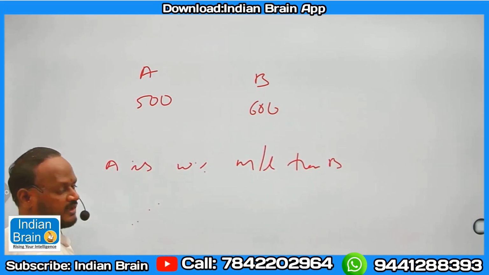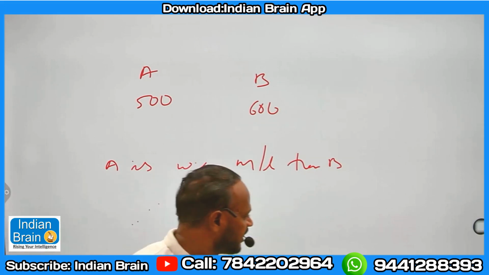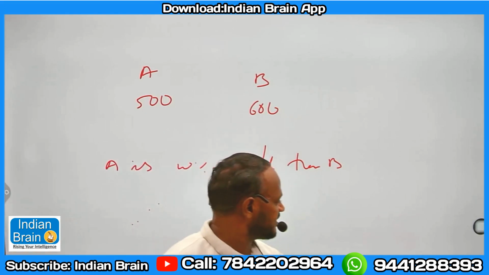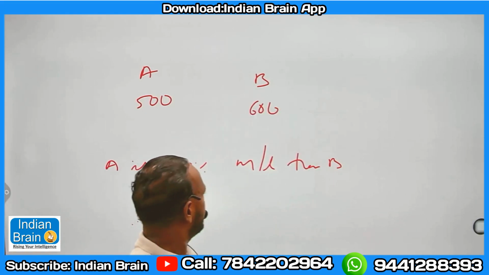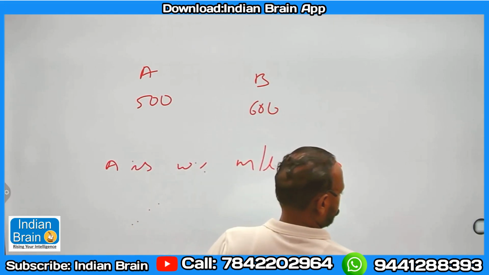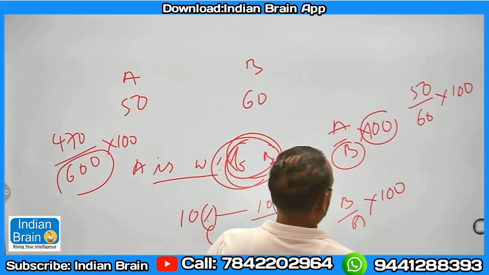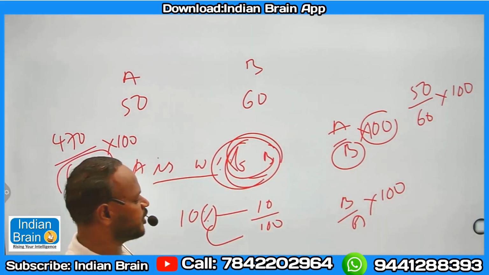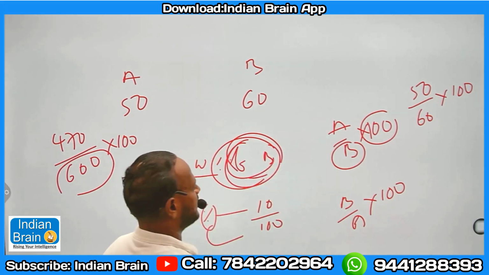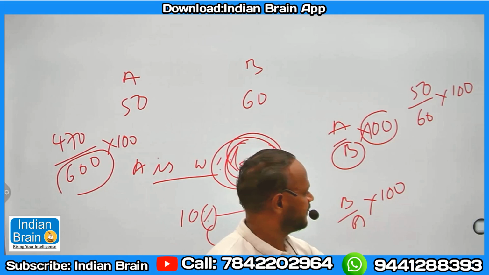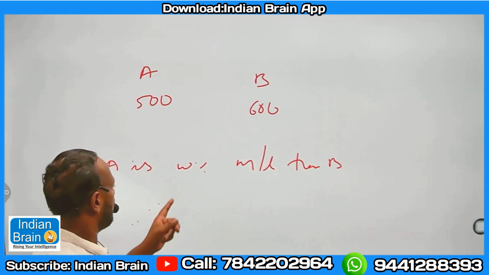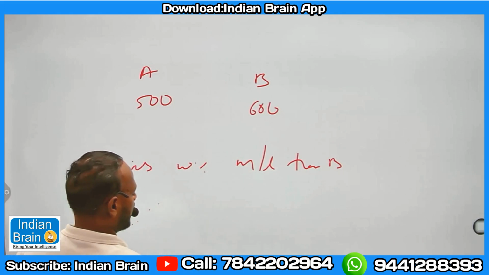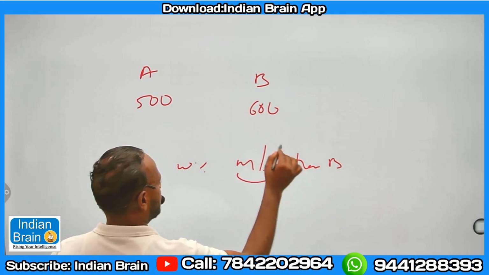What about the previous one? The previous one is how to convert into percentage. A is what percent of B, how to convert into percentage. But what about this one? A is what percent more or less than B. Here we have the more or less than words.